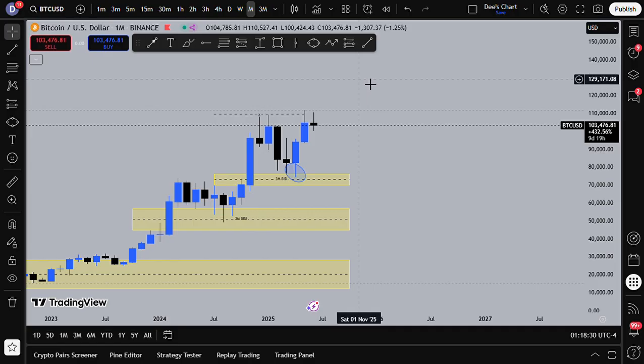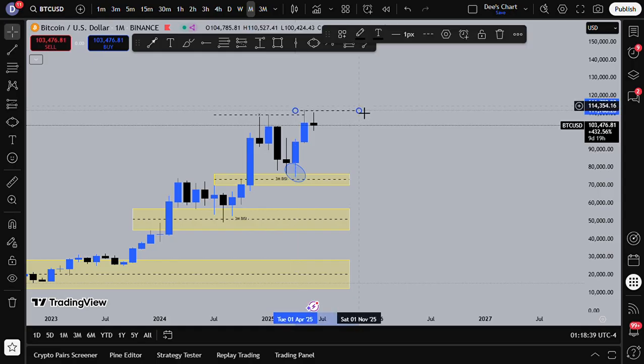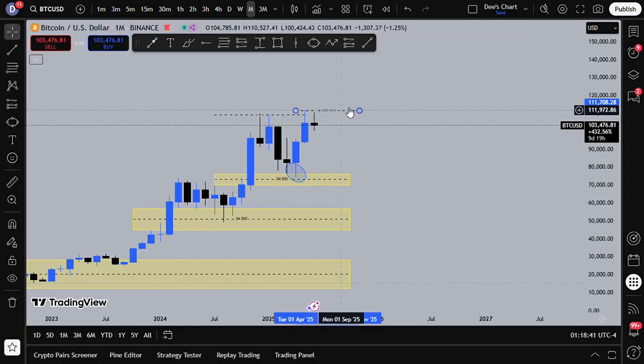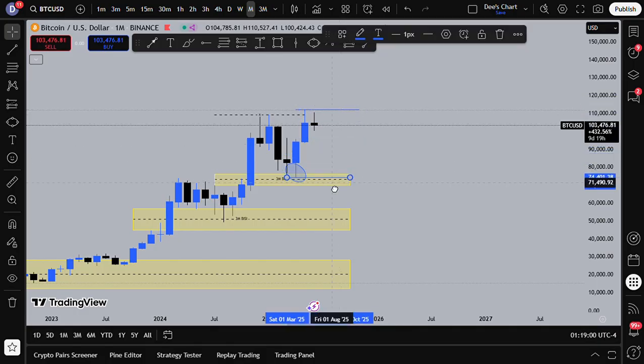What you are seeing right now is that we've created a higher high. The next thing is that we are going to wait for a valid trading range. So this is going to be my higher high, and this down here is going to be my higher low or swing low.